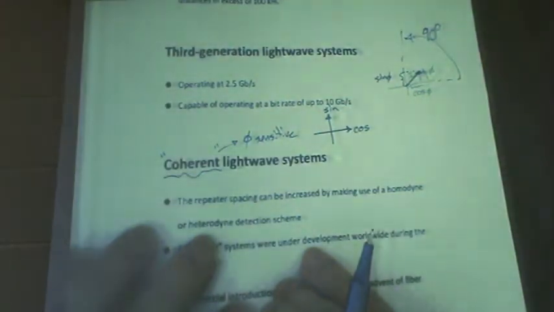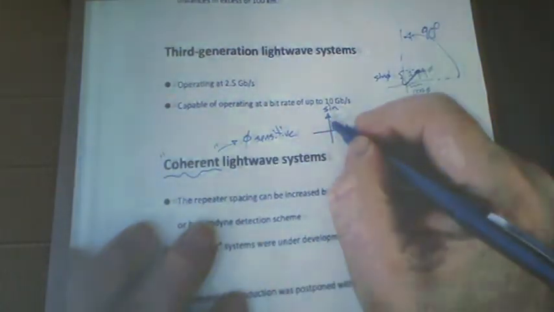So if I have so-called coherent modulation, and this is the latest craze, then I'm phase sensitive.